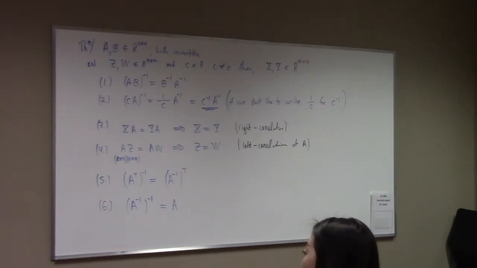By associativity of matrix multiplication, and so that's A inverse, by the definition of B inverse. And then that is AA inverse, since AI is equal to A. That's a theorem. And then this is I.